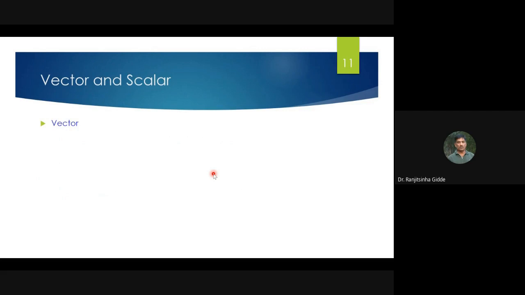Then write down vector and scalar. So this is the last slide with respect to the fundamental concept.